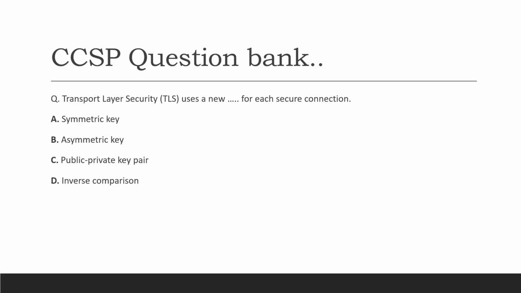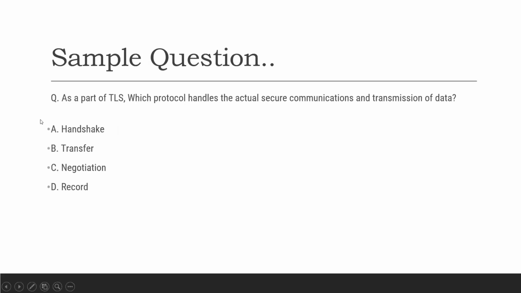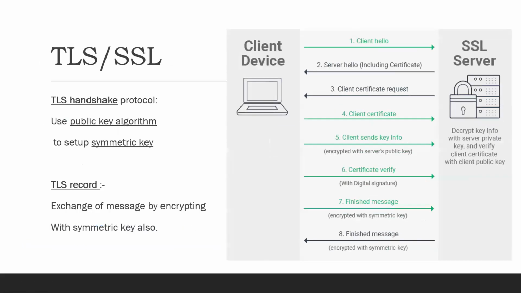Which one? What is the answer? B option. Again, Karthik, this is not correct. So TLS always sets up a new symmetric key for each connection. The purpose is that every time we need a symmetric key. The purpose of the whole handshake is just to have a symmetric key. So whenever a new connection happens, we always set up a new symmetric key.